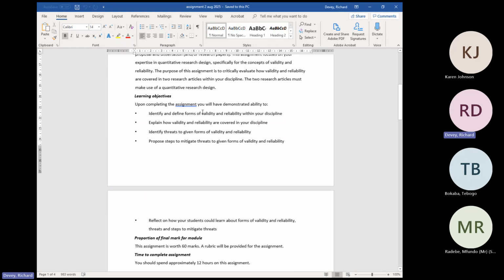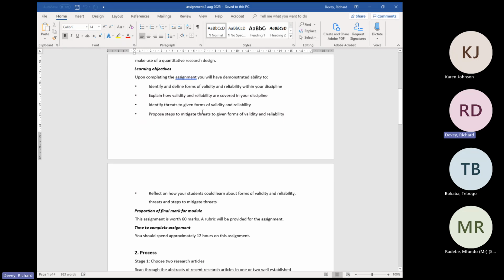So for this exercise, you need to identify and define the forms of validity and reliability within the paper, and then also explain how validity and reliability are covered in your discipline, because there might be different ways of covering them depending on the discipline you're working in.